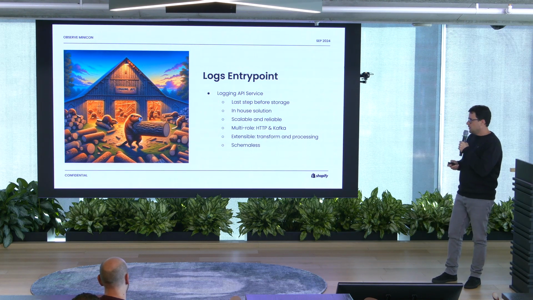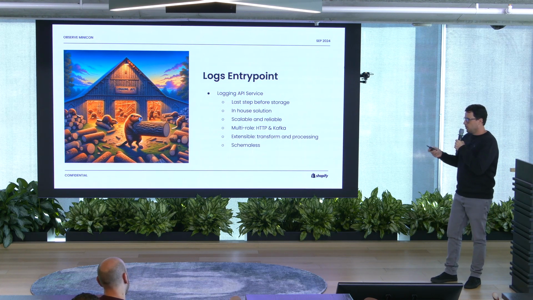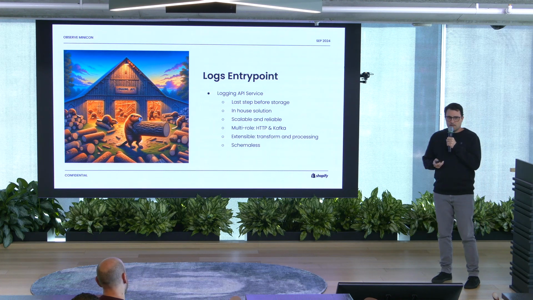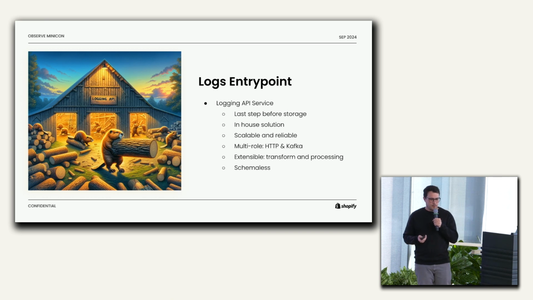It is extensible in regards to how we can transform and process data in flight. And one of the most important features is that it is schemaless. That means we do not force logs from any source to be restricted to any schema. As soon as they have a JSON format, we can ingest them.